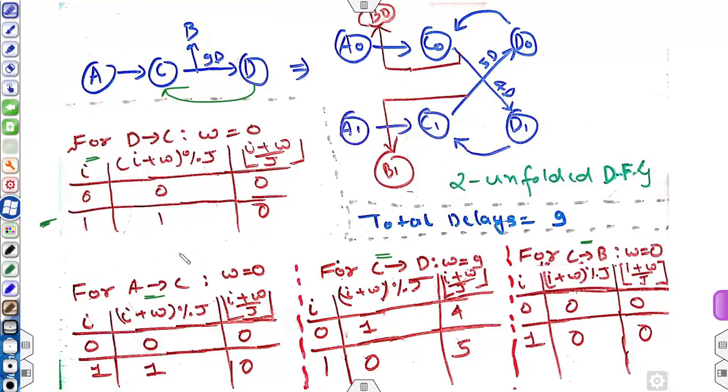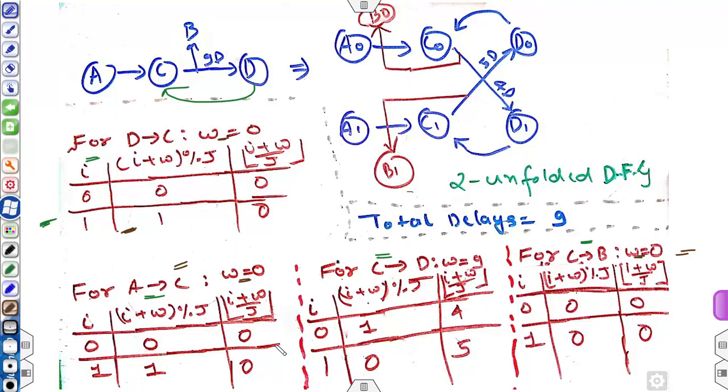Okay, so for 4 different edges, 4 tables are drawn, and you can see that w is 0 at this point, at this point, and this point, and the values are the same, so no need to calculate again and again for the same set of values. You can just calculate it once and reuse the result. Just for explanation purpose I have drawn it for all the edges.